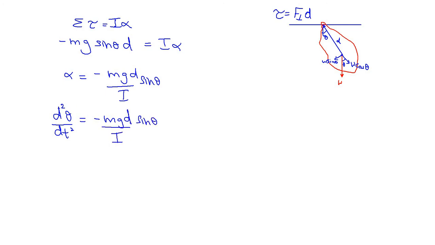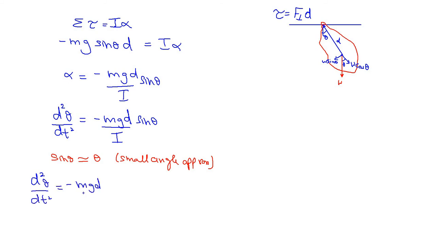This doesn't look like a simple harmonic motion equation, but it is simple harmonic motion for small angles, and for small angles sine theta is approximately equal to theta. This is called the small angle approximation. So now we get d2 theta by dt squared equals minus mgd divided by I times theta.